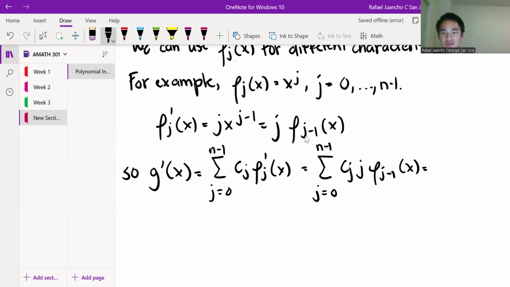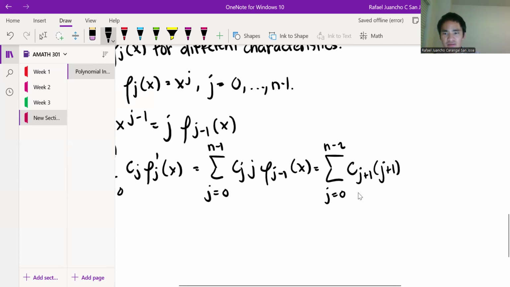And then again, I can do it again. Now it goes up to n minus 2, right? This is from j equals 0, and I get c_(j+1), then I get j plus 1, and then I get rho_j of my x.